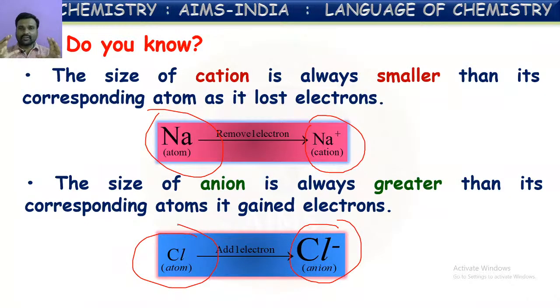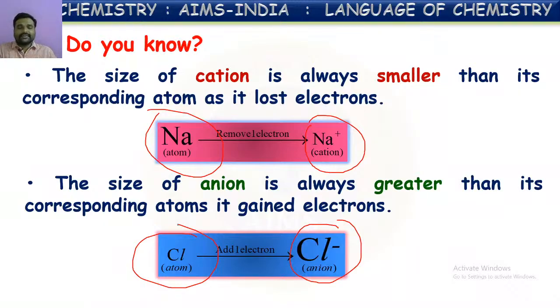As the number of electrons gained increases, size also gradually increases. So the ions formed by gaining of electrons we are calling anions. The size of anion is greater than its parent atom or neutral atom. Size of cation is smaller, size of anion is greater than their original atoms.